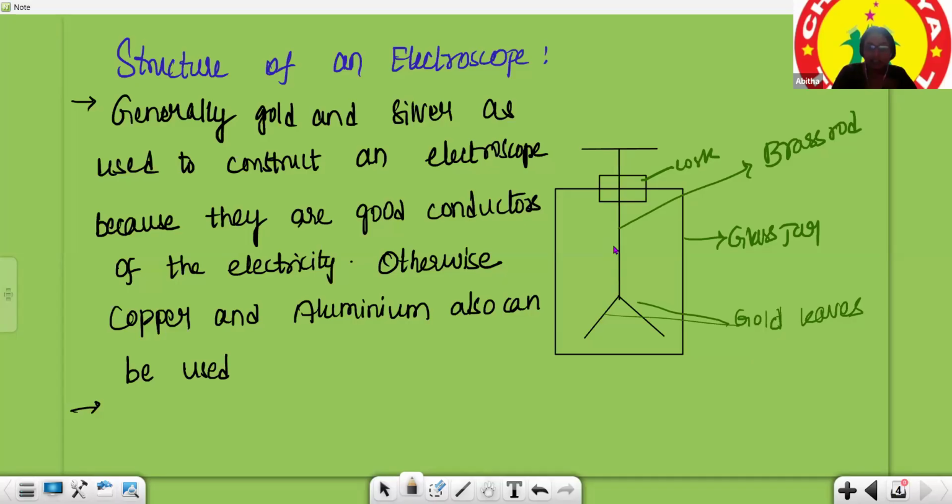So whenever you pass current, those electrons start moving, and the electricity proceeds forward. Understand?